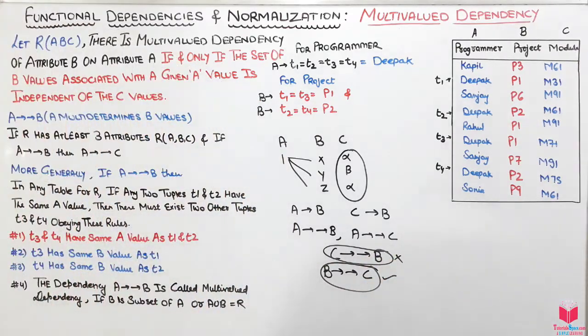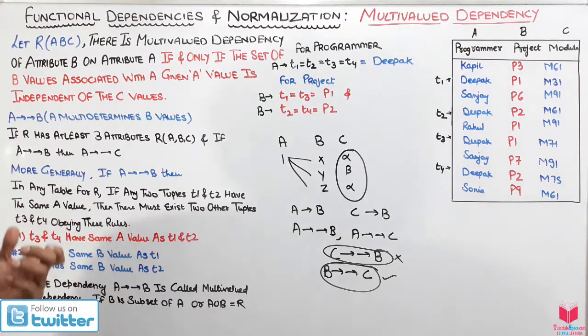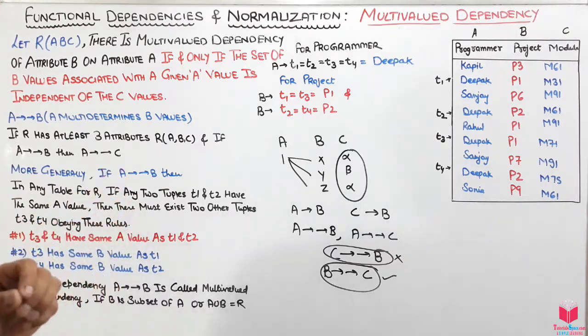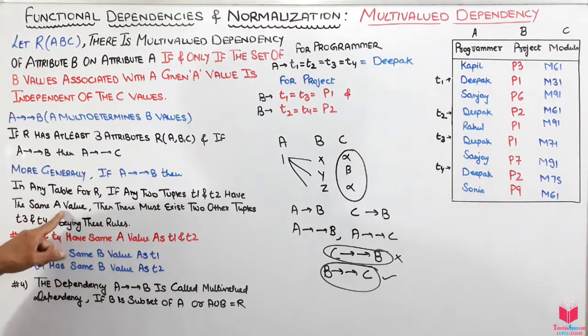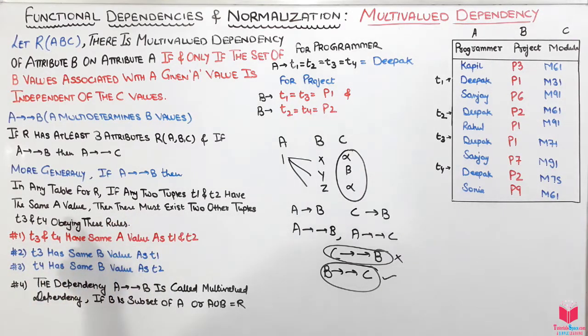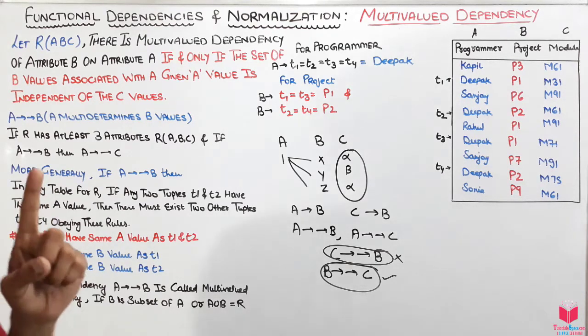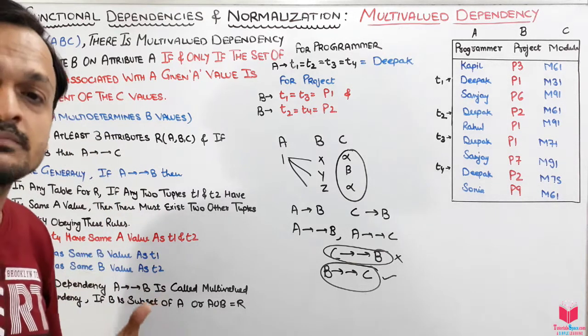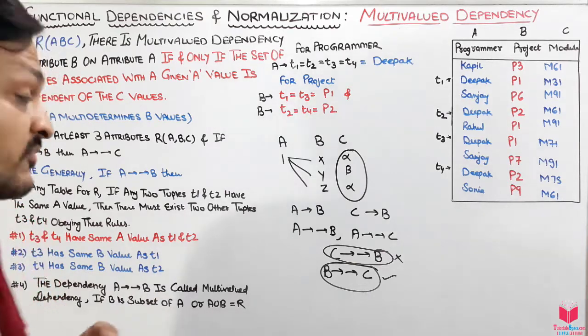More generally, if A multi determines B, then let's see how we can represent it. In any table for R, if any 2 tuples T1 and T2 have the same A value, then there must exist 2 other tuples T3 and T4 obeying these rules.